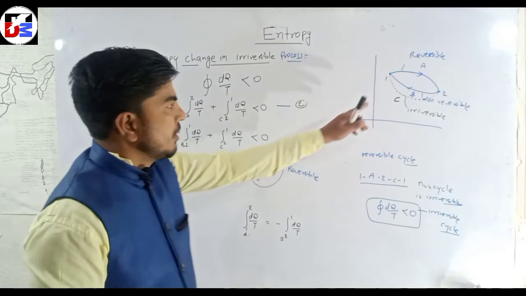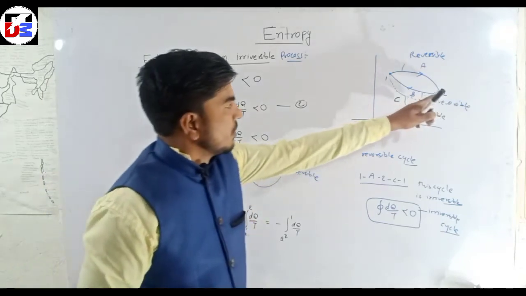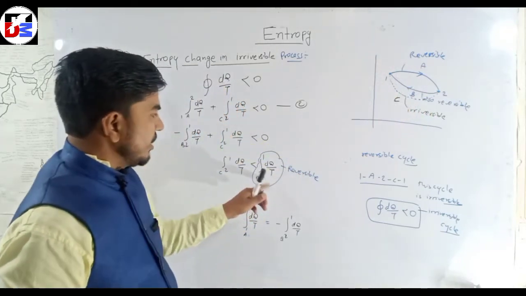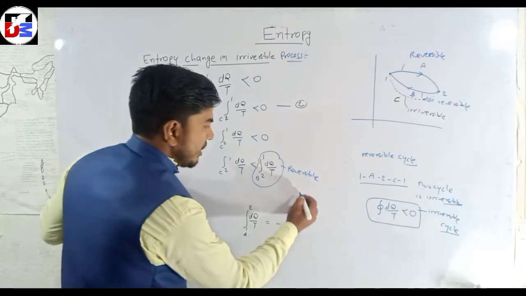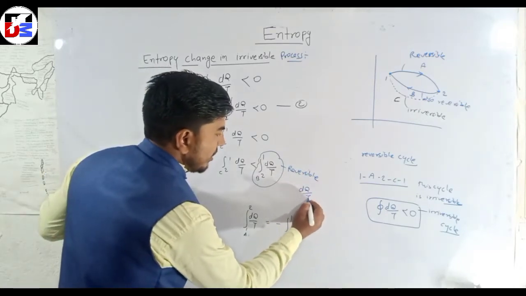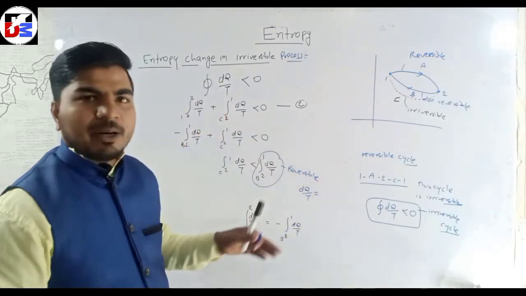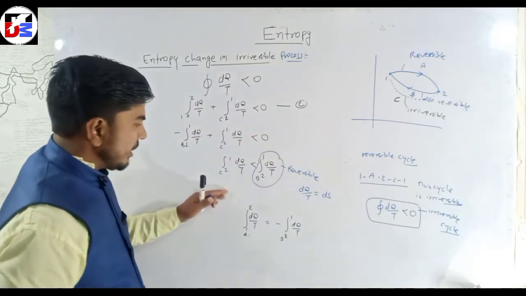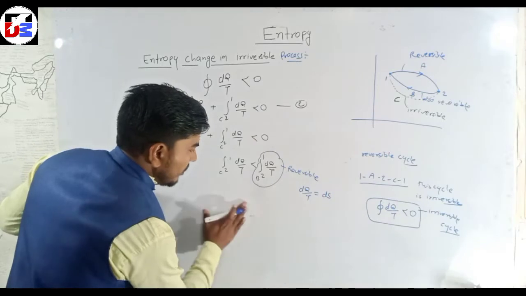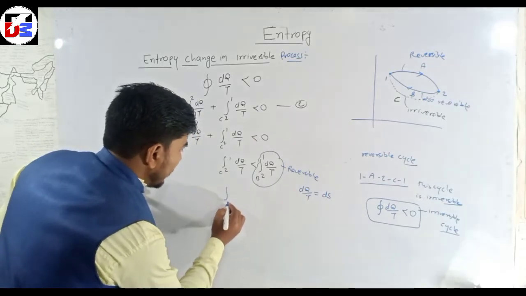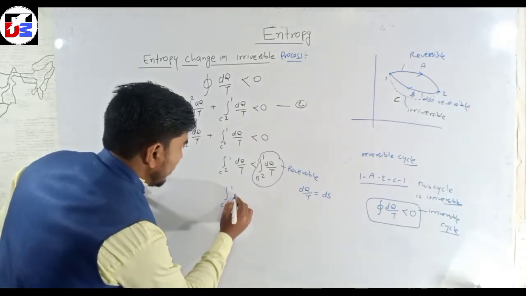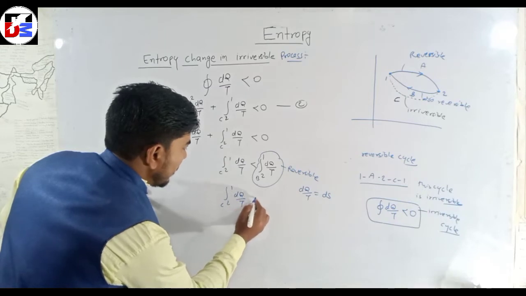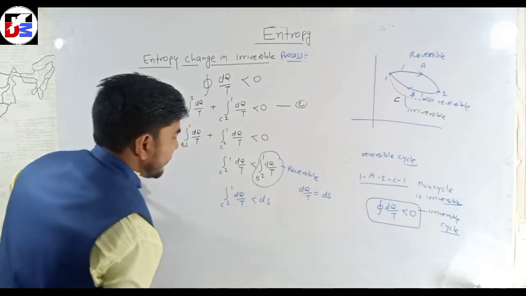You see here, from 2 to 1, this path B is reversible, and for a reversible process dQ/T is written in the form of entropy change, that is dS. Then we can write here the integral from 2 to 1 along C of dQ/T is less than dS.